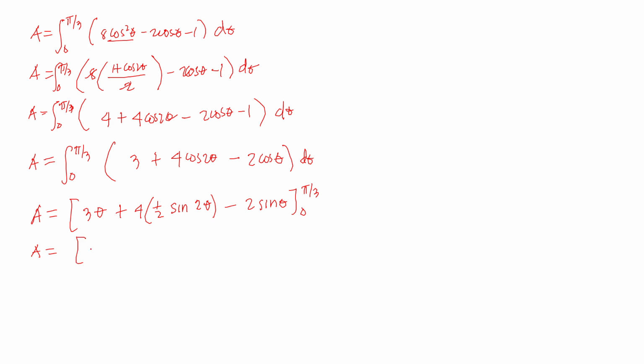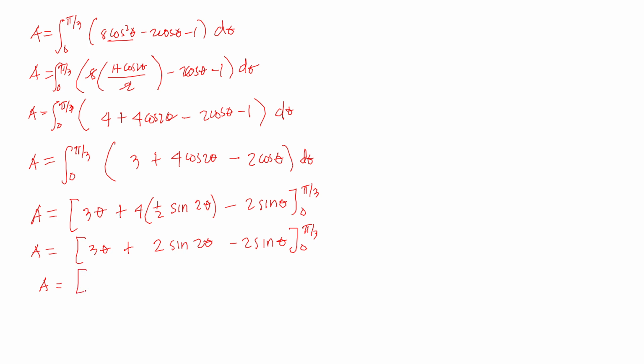Area is equal to 3 theta plus 2 sine 2 theta minus 2 sine theta from 0 to pi over 3.